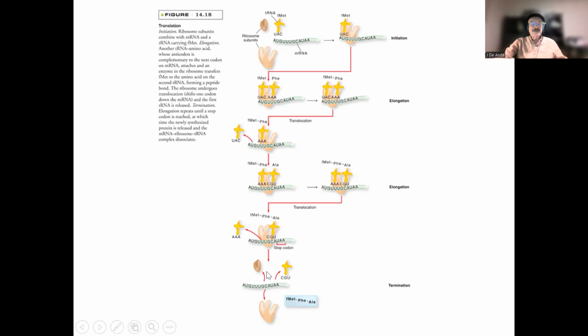And so the ribosomes and the mRNA and the tRNAs are going to dissociate, and the polypeptide is going to be either used right there or transported to other parts of the cell or perhaps to the exterior of the cell.